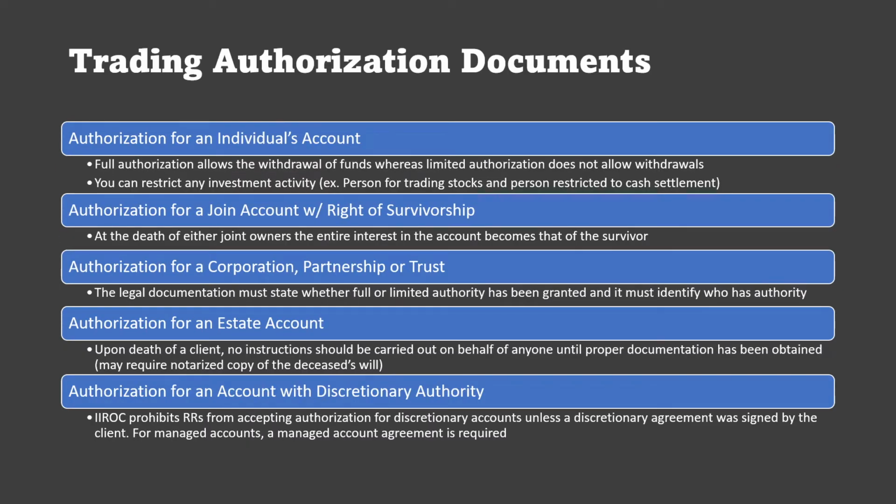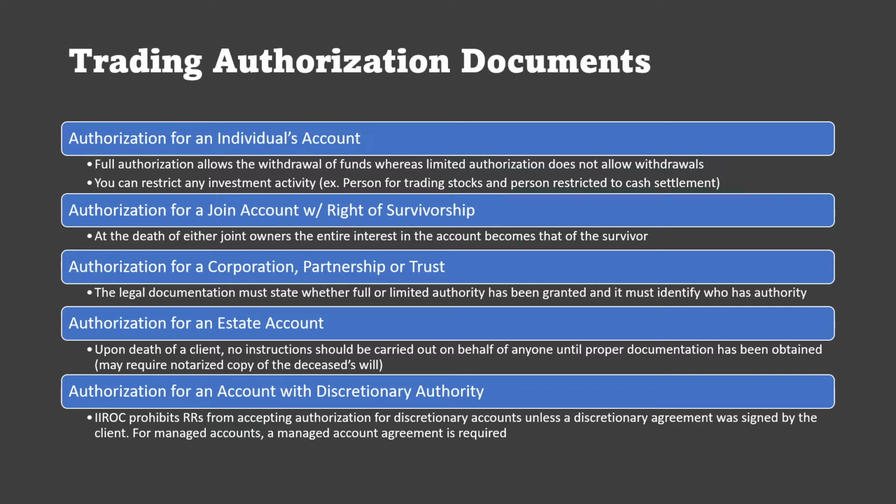You also have some trading authorization documents. So authorization for an individual's account. Full authorization allows the withdrawal of funds, whereas limited authorization does not allow withdrawals. And we sort of looked at this a little bit when I talked about trading authorization. And you do need to disclose what type of trading authorization and exactly what they can do.